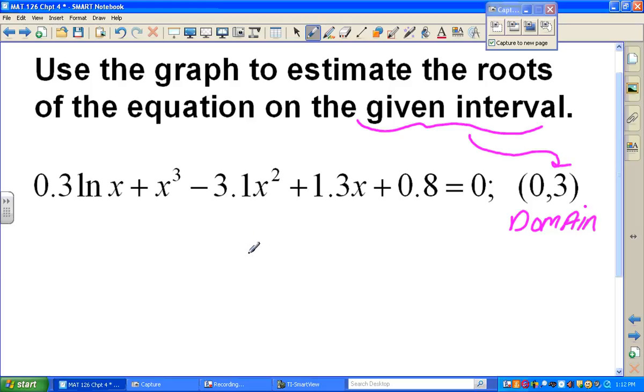What time is it? We got 10 minutes? 15? Perfect! What page is 6.2? Oh yeah, 4.2. Page what? 99. Have we done 4.2 yet?